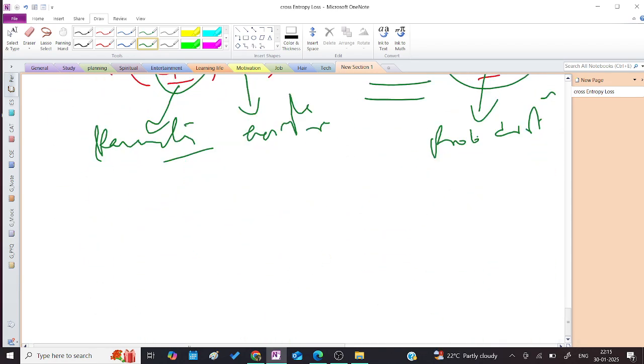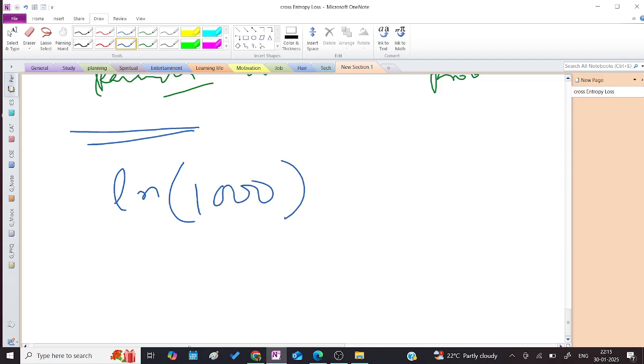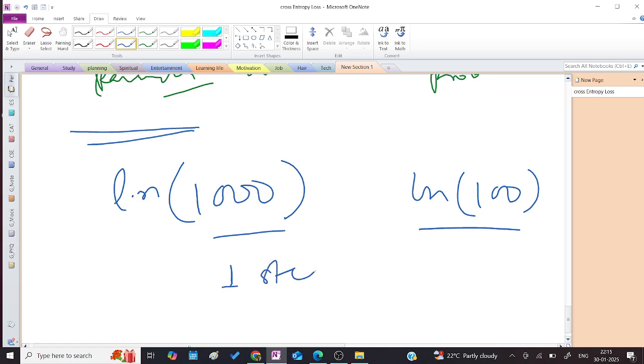You may argue, why are we using this logarithm? You can think that ln of 1000 and ln of 100 differ only by one step, right? 10, 100, 1000, these all differ by only one step.